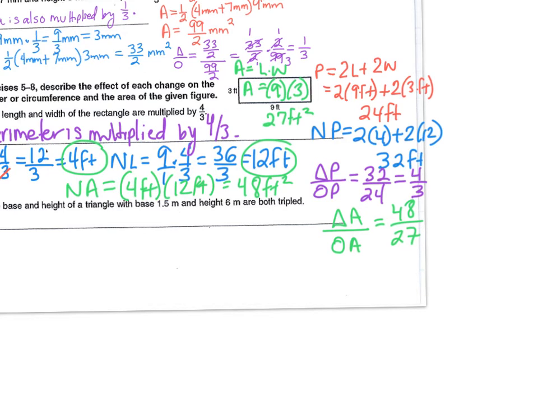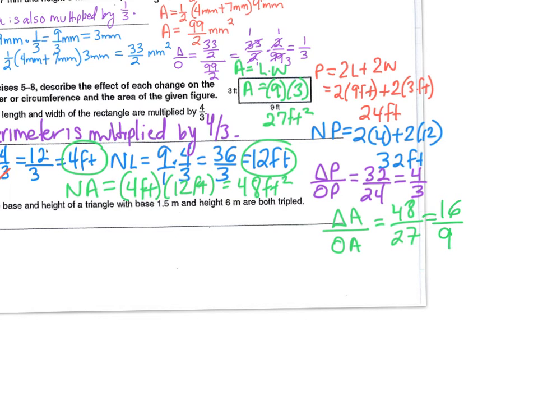Okay, something is wrong here. By 3? 3 into 48 is what? 16. 16, and 3 into 27? 9. Can you reduce that a little more? No. Okay, so it's 16 over 9.